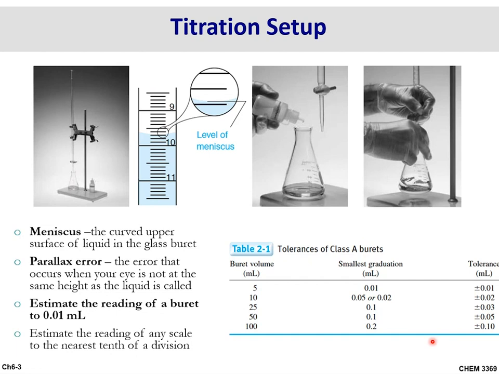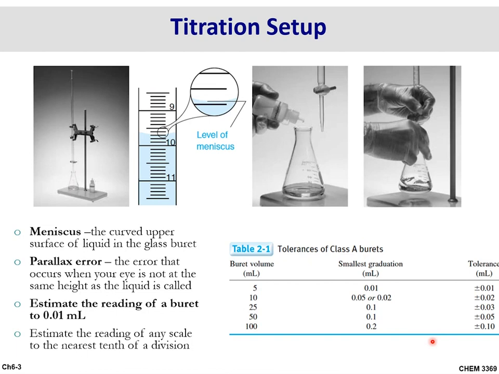So the true volume can be anywhere in the range 32.45 to 32.55, right? If you are at 32.5, then the tolerance is plus minus 0.05. So that would be the true value of the volume, which is within this manufacturer tolerance for a class A burette.